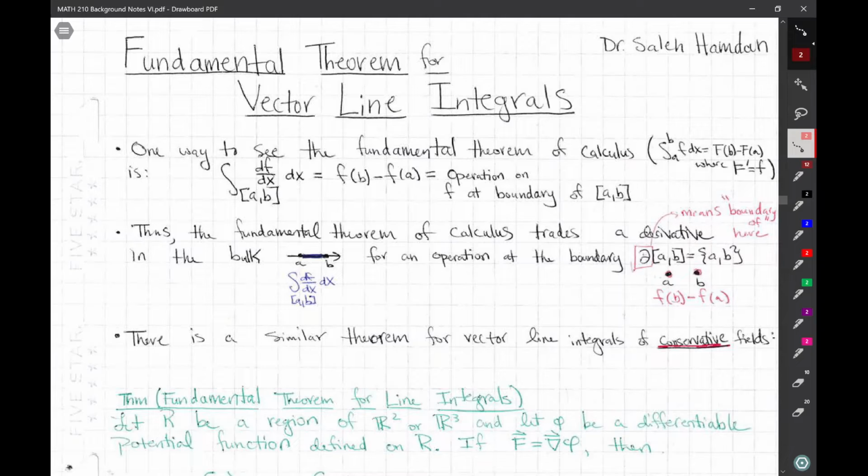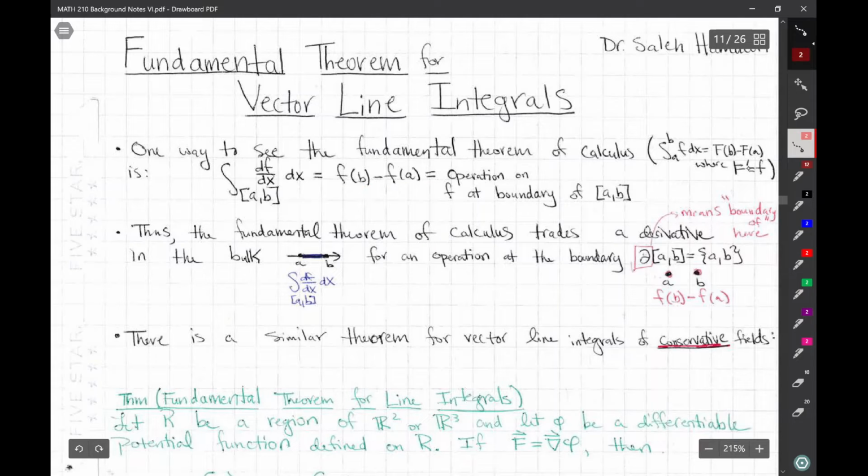It basically tells you that if you take the integral from a to b of some derivative of a function, then it's actually equal to that function, the antiderivative, of df dx, f(b) minus f(a).